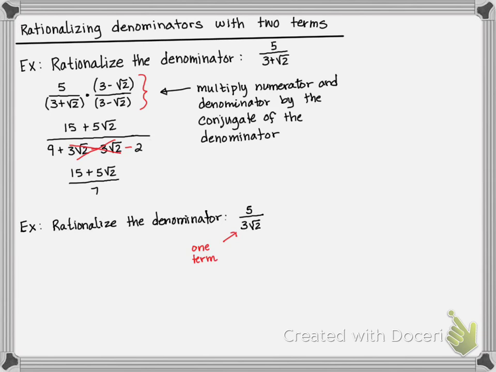And so that's where we just multiply by the irrational factor. And you don't have to switch it to a negative or anything, because there's no addition or subtraction. So up here we have two terms.